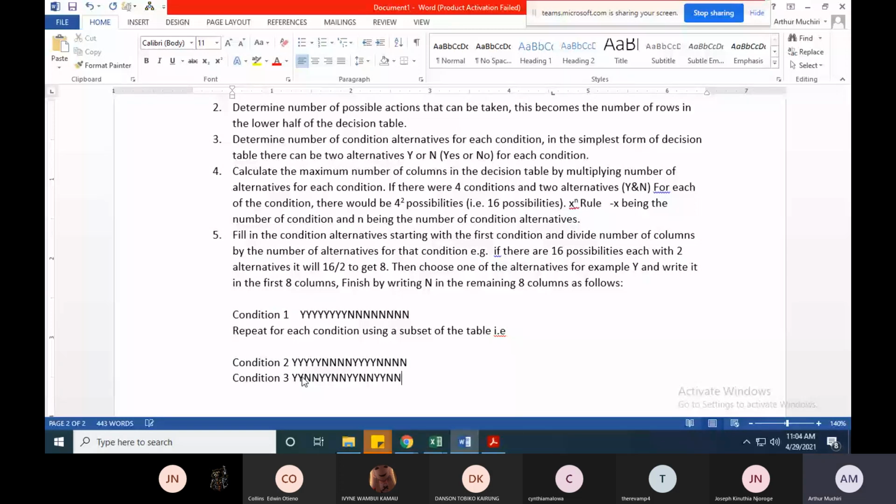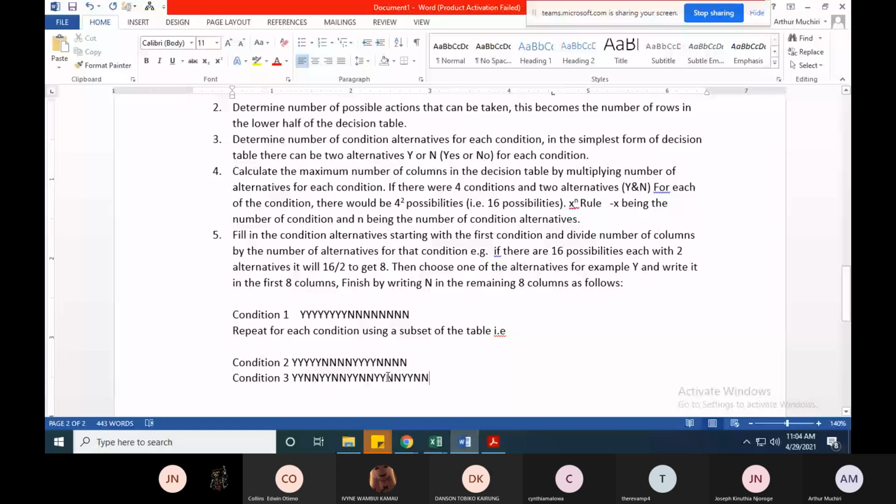I hope I have not superseded the number of columns. So how many are these? 1, 2, 3, 4, those are 8. Yes, yes, no, no, that is 4. Yes, yes, no, no, that is 8. Yes, yes, no, no, that is 12.